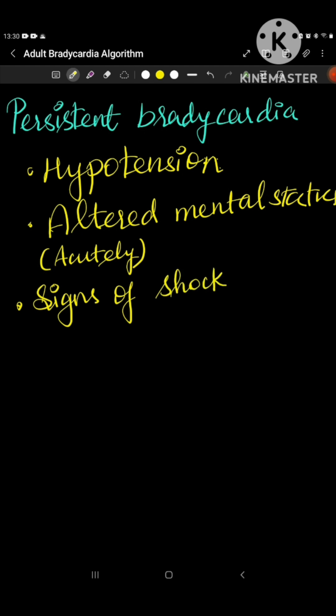Next there will be discomfort, so we might consider it as MI, but bradycardia can also cause this. Usually we always think about tachycardia, like ventricular arrhythmias, but bradycardia is also one important thing.